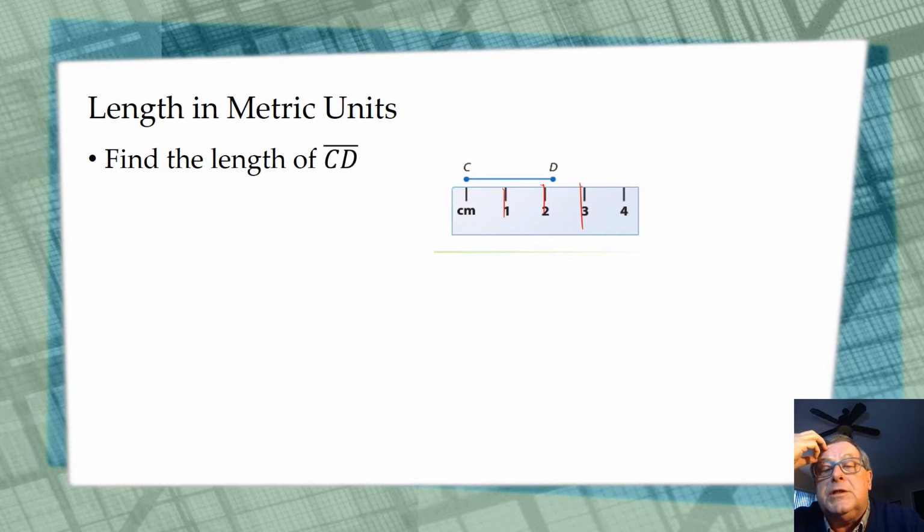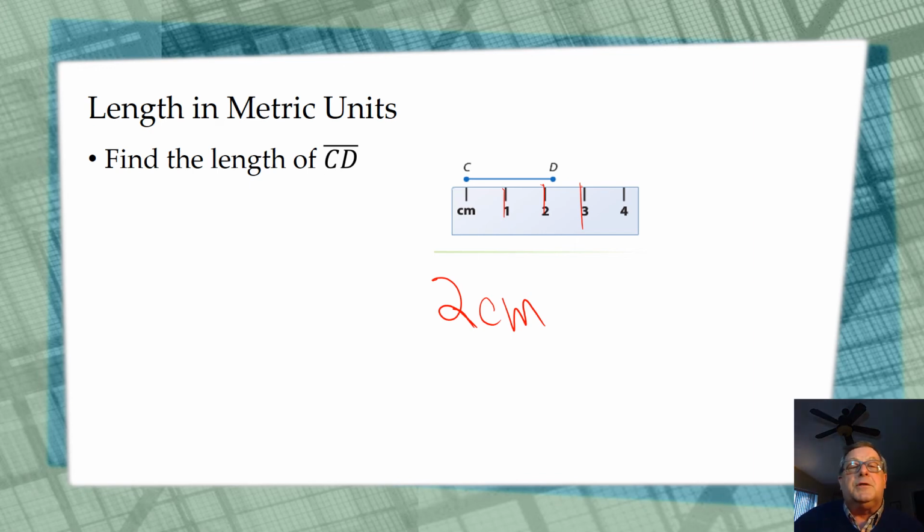This little ruler is just simply in centimeters. I can see that it's more than 2, and certainly it's less than 3, but it's closer to 2 than it is to 3. And I don't know what's in between there. I have no measuring markings in millimeters. So we're going to just say that this is 2 centimeters because that's the best knowledge we have. So it's approximately 2 centimeters.